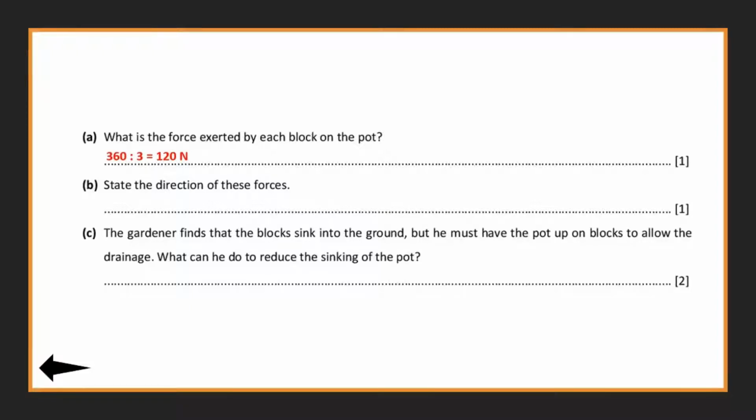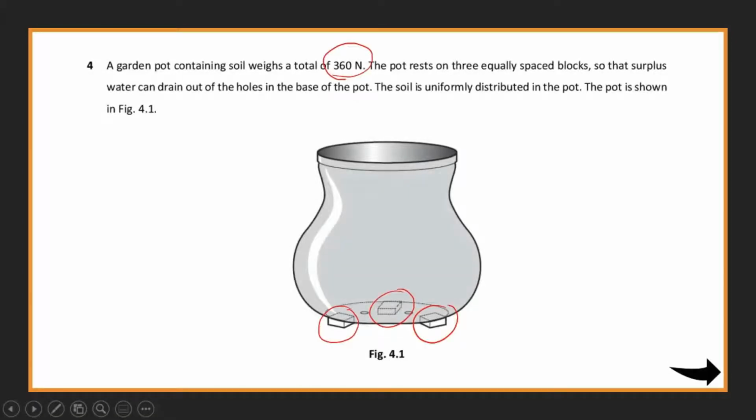Question 4b. State the direction of these forces. Let's go back to figure 4.1. The three blocks 1, 2, and 3 behave as a support system for the pot and also the soil inside it.